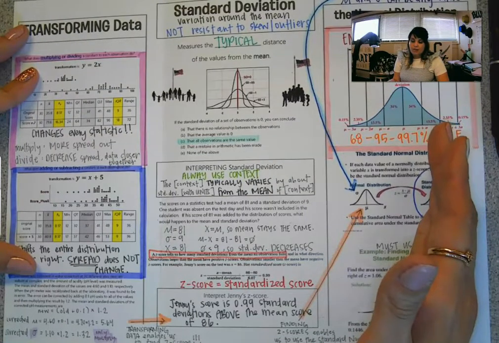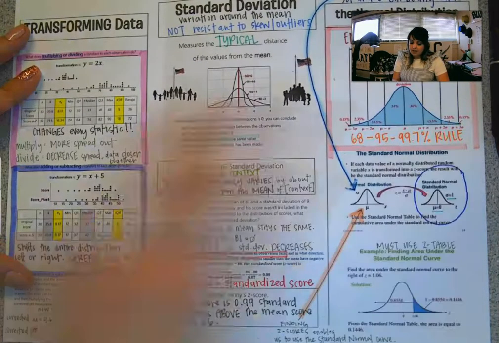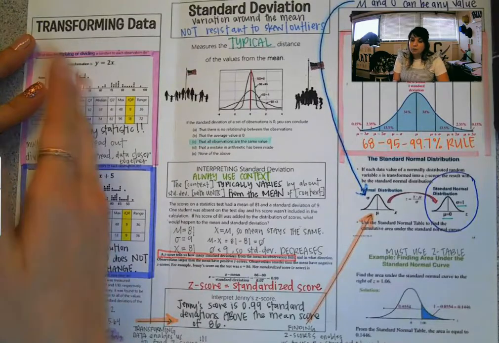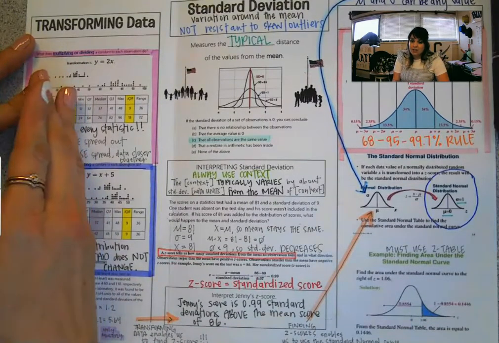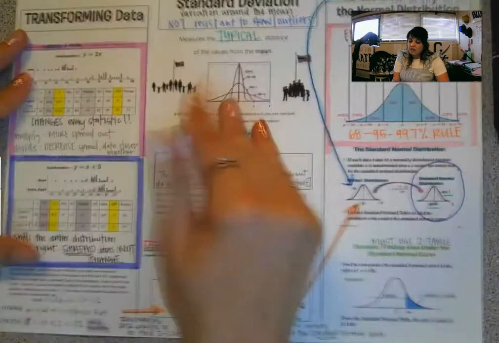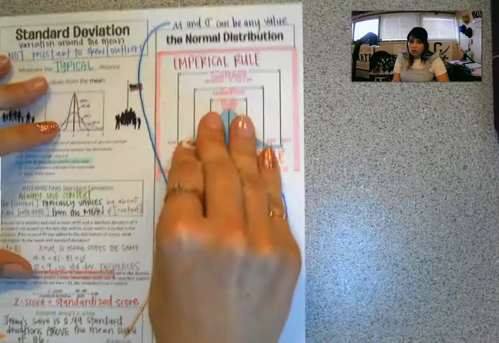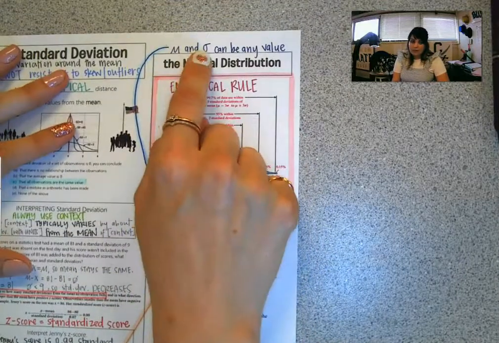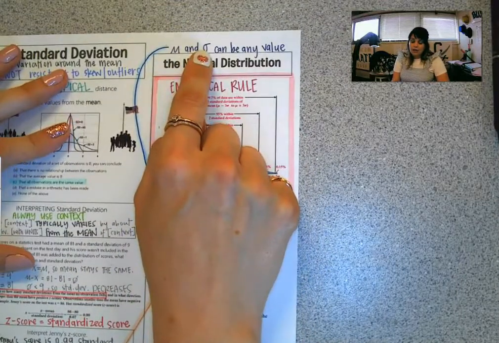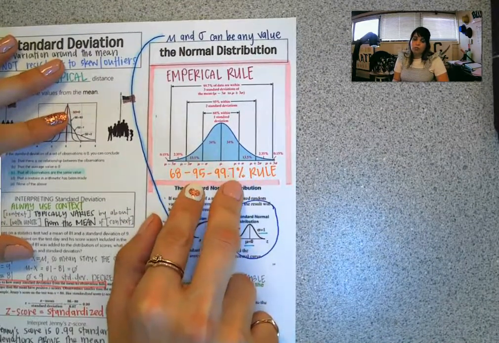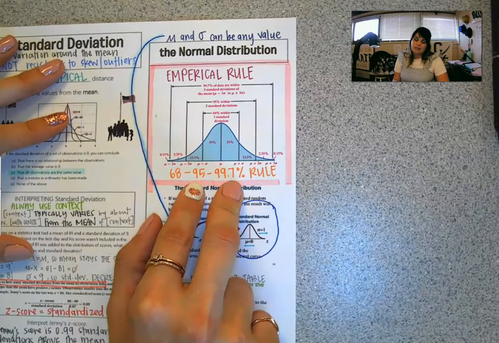The background information we need to have there is that adding does not change spread, subtracting does not change spread, multiplying and dividing though does and changes everything. Standard deviation is your typical variation around the mean, and for a regular normal curve, mu and sigma can be any value, and the data is distributed according to the empirical rule, which is 68, 95, 99.7.